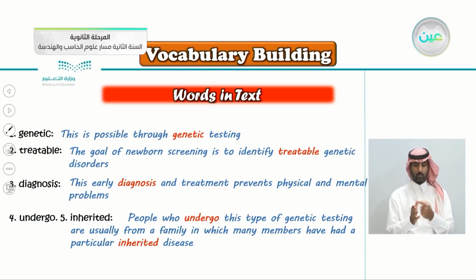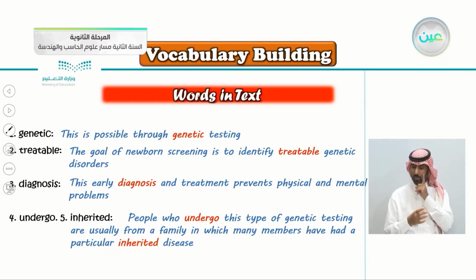The first one, genetic. This is possible through genetic testing. Treatable, the goal of newborn screening is to identify treatable genetic disorders. And we have also the word diagnosis, and undergo and inherited in the same sentence. People who undergo this type of genetic testing are usually from a family in which many members have had particular inherited diseases.